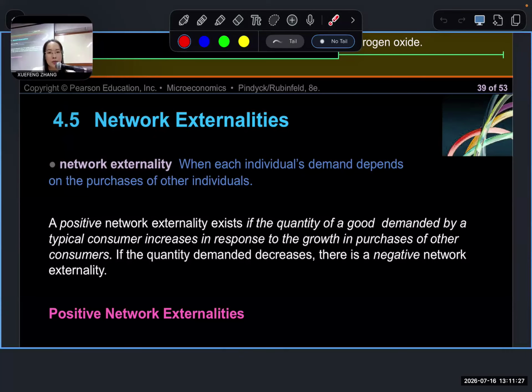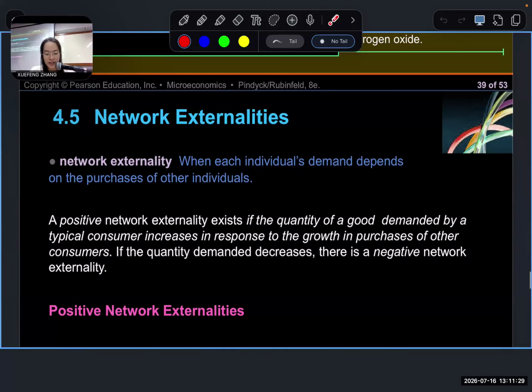Okay, so what is network externality? When each individual's demand depends on the purchases of other individuals, what does it mean? So we have positive and also negative.